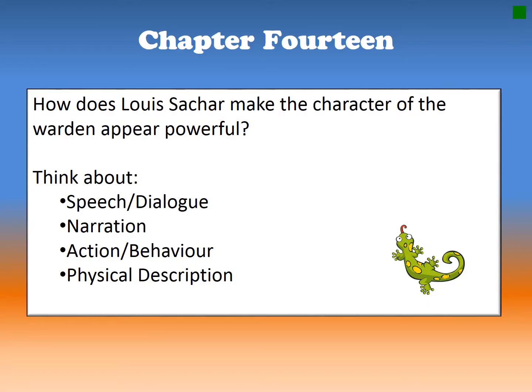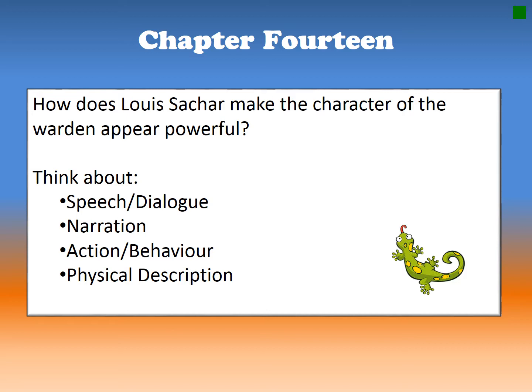All right, moving onwards, just picking apart some different chapters. We're moving to chapter 14. And we're going to talk about characterization here again. How does Louis Sachar make the character of the warden appear powerful? Okay, so how do we know indirectly or directly about the character, the warden?